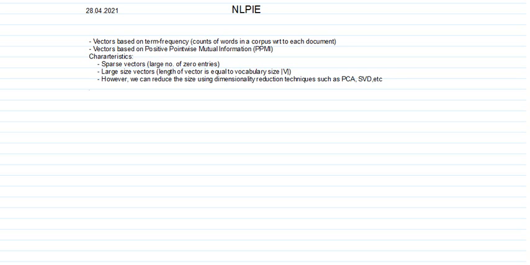Mikolov actually used neural networks, but we will not be using neural networks, we will be using a simplified version similar to logistic regression. So we will now be studying word2vec.